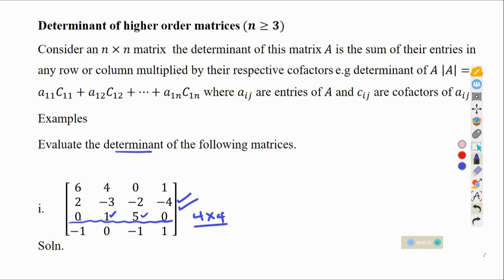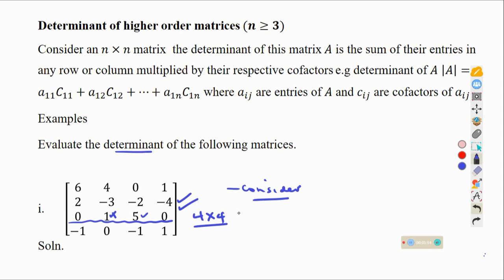For the purpose of time, we would like to go with row number 3, because the only entries to consider are only 2, that is 1 and 5. So let us consider the third row.